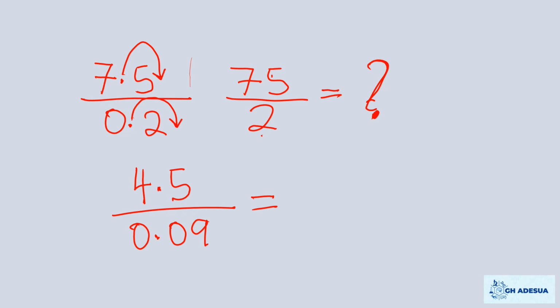Okay. Yes, which one has more decimal places, the numerator or the denominator? How many decimal places for the numerator? And how about the denominator?